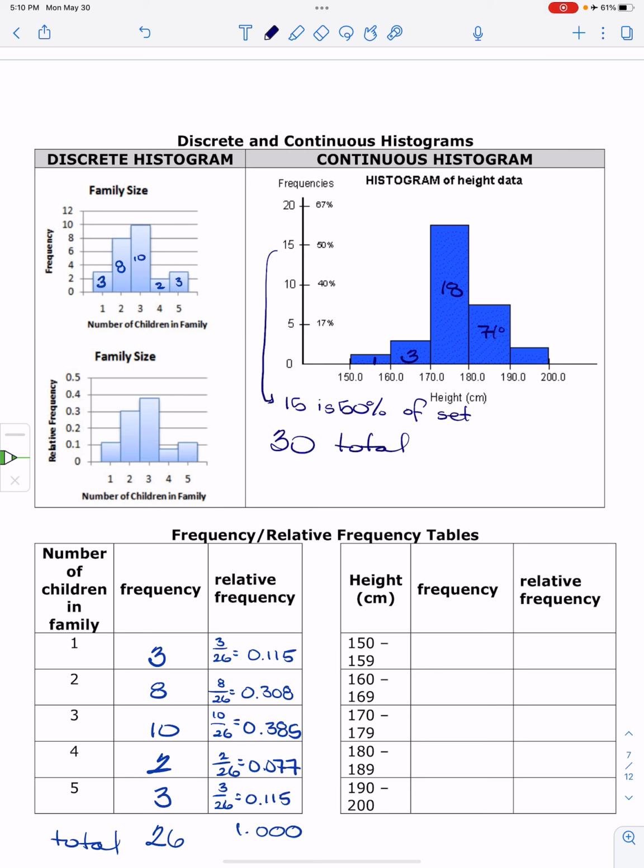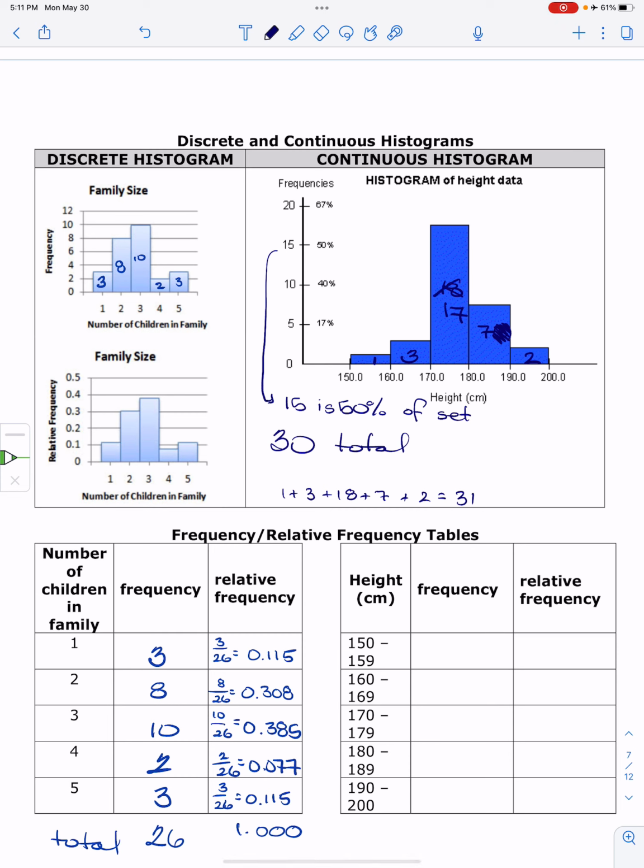I could maybe go 8 here. And 2. When I add these up, I get 31, so this is definitely not 8. We're going to call that 7, and I'm going to make this 17.